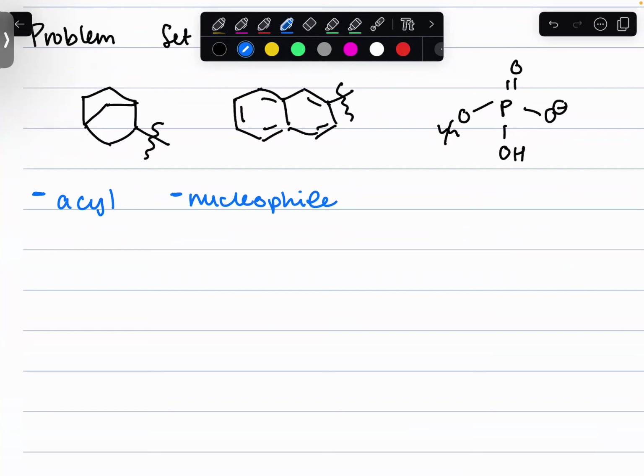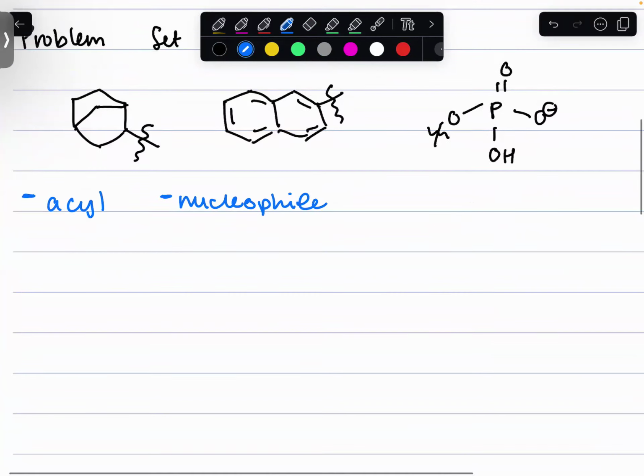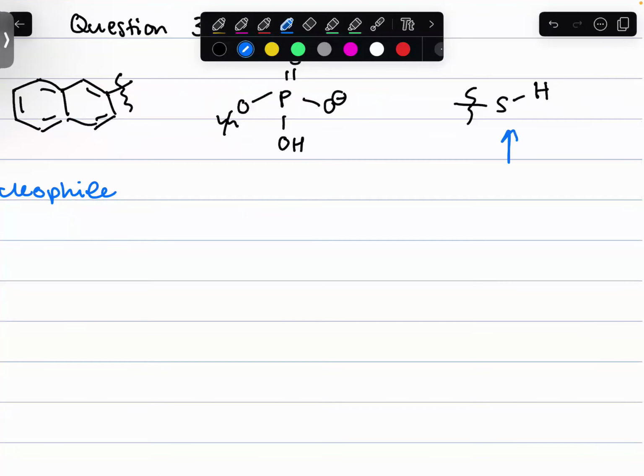So we have a nucleophile here that just needs deprotonating. Once we deprotonate this thiol, we have a sulfur with a lone pair that can be nucleophilic. So this is our nucleophile. And then we can turn this into our acyl.